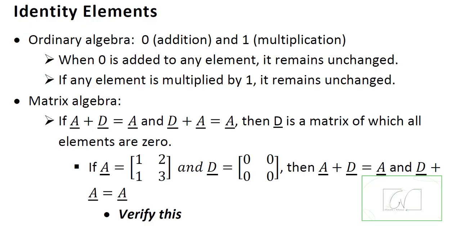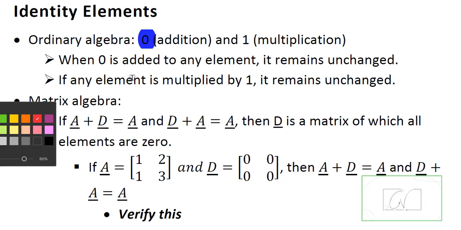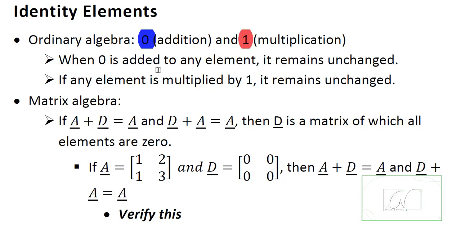Before we start explaining what identity of matrix is, let us get a few commonalities out of the way. You see, 0 and 1 have one commonality, which is when both of them remain unchanged in certain situations.